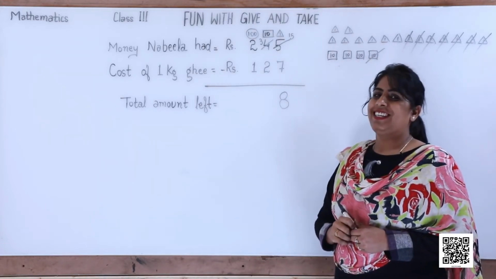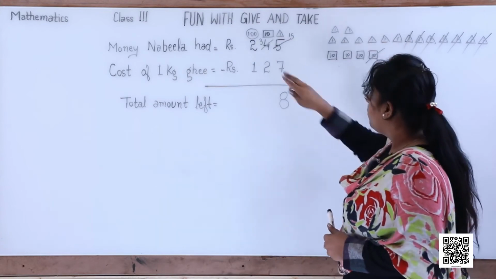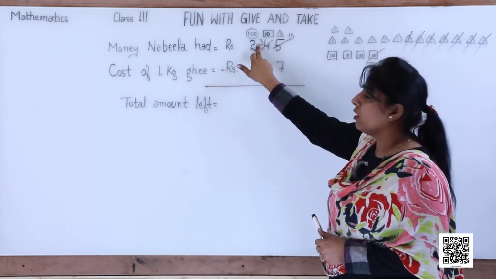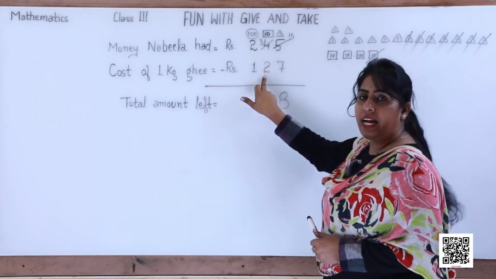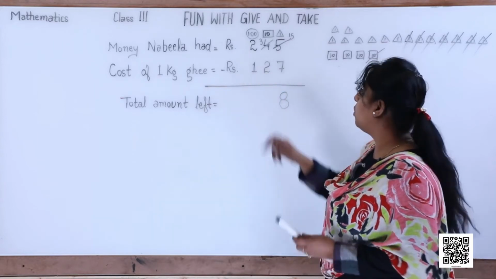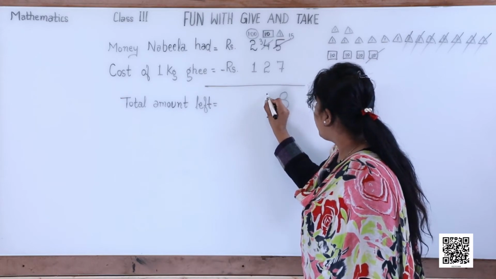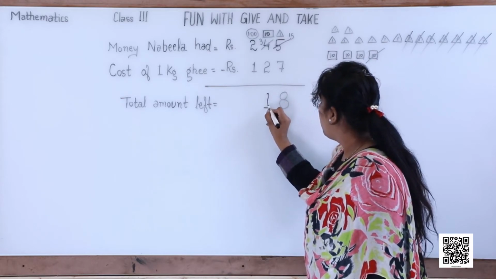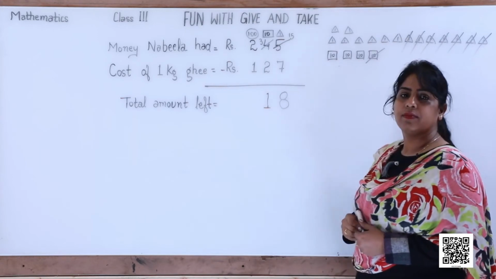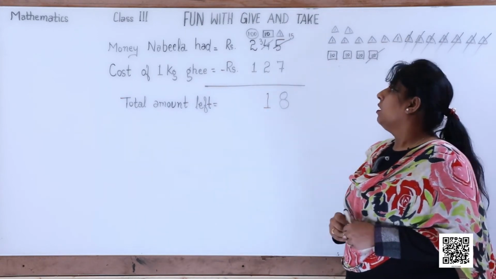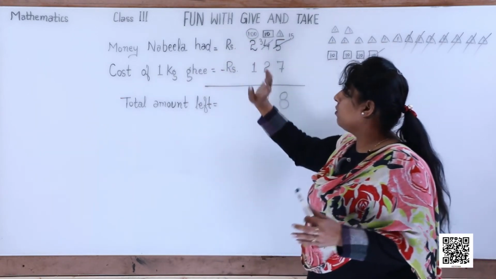Am I right? Yes. Now, we are left with 3 tens. And we have to subtract how many tens? 2. So, how many tens are we left with now? Yes, 1. Right? And hundreds are okay.